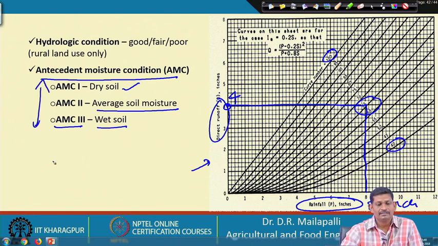If the soil is initially wet, it results in more runoff compared to AMC 2 and AMC 1. So once we get the direct runoff from the particular curve number, it will be adjusted for the particular AMC value.